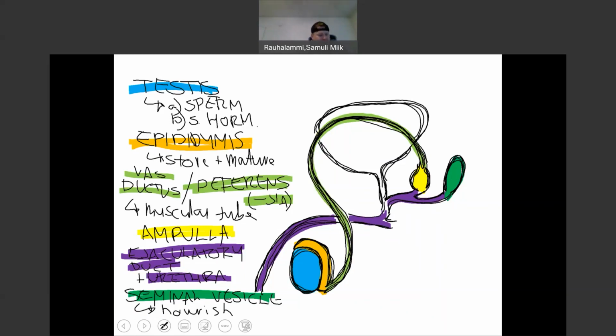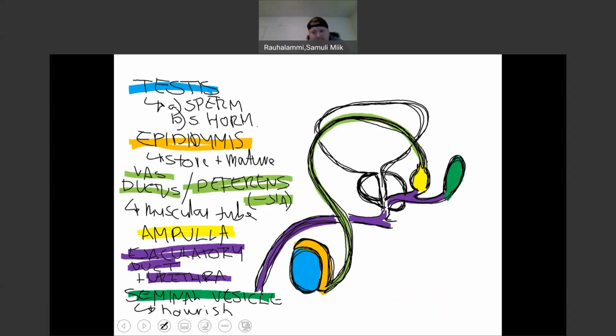The next gland that I want to talk about, a really important gland, is located here at the base of the urinary bladder. And you'll notice that the structures that are part of the reproductive system have to go through the duct system that's inside this gland.